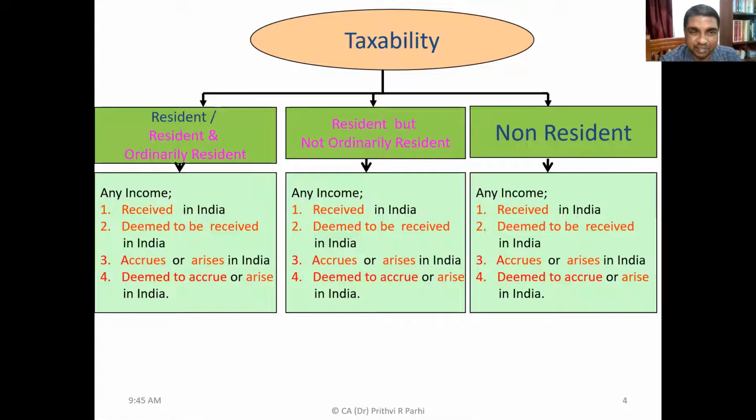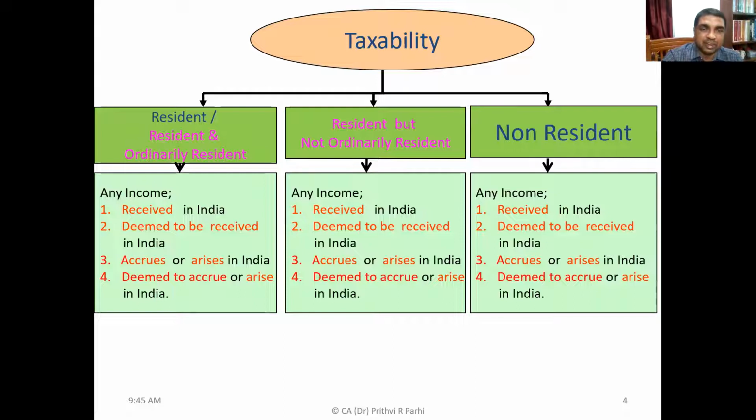Therefore, you are finding it is the same whether you are resident and ordinarily resident, or resident but not ordinarily resident, or non-resident. It doesn't matter. Irrespective of residential status, Indian income is always taxable in India. So these 4 points, is it clear to you?